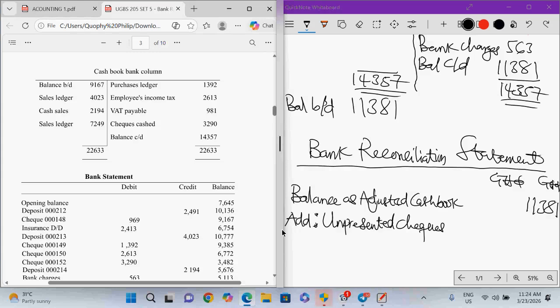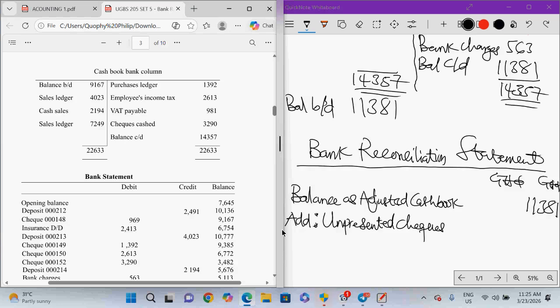Checks that are paid by the firm to its creditors, but are not yet taken to the bank for payment. So we as a business, in our cash book, have made the payment to our suppliers, but it has not been presented at the bank.